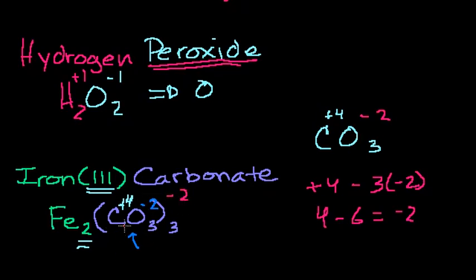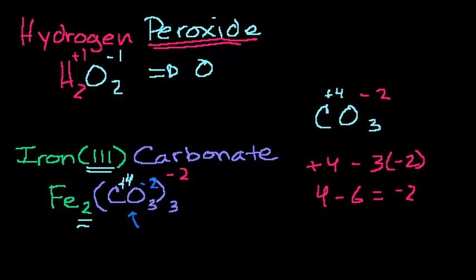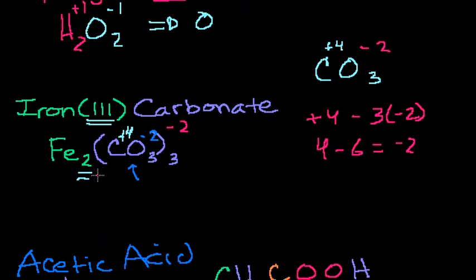Now, if the entire carbonate molecule is -2, then for the carbonate part of the molecule, we have 3 carbonates. Each of them is contributing -2, so I have a -6 contribution.